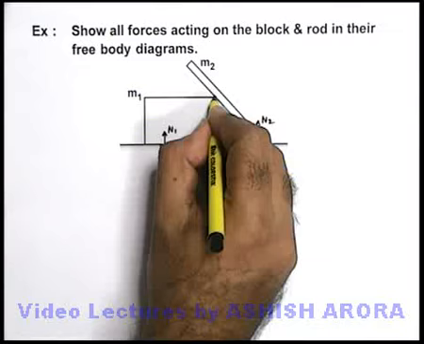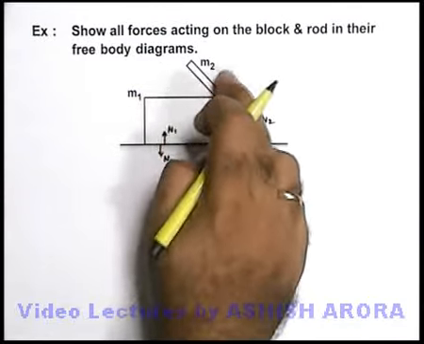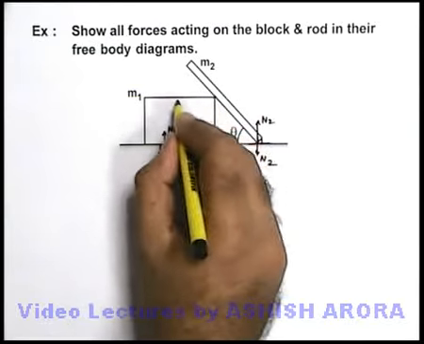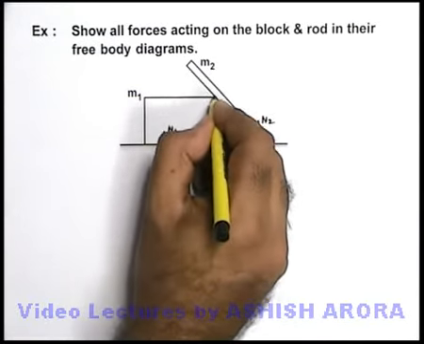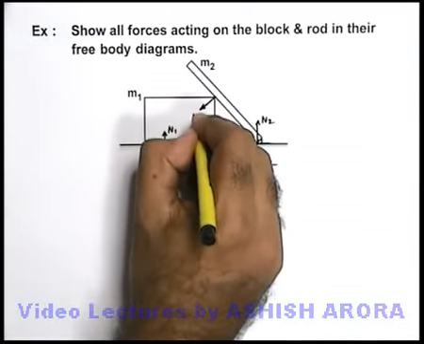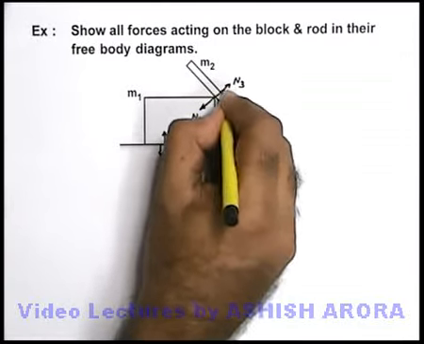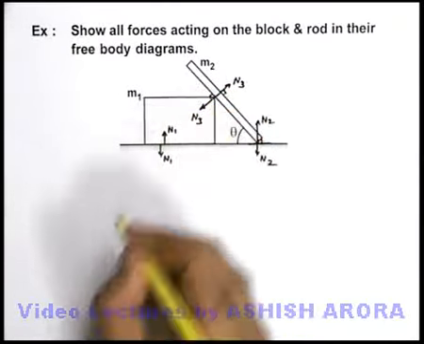Similarly, at this point of contact, due to the weight, the rod will be pushing the block. The surface is that of the rod, and for the block there is only one point in contact, so the normal reaction N3 will act in a direction perpendicular to the contact surface, which is that of the rod.